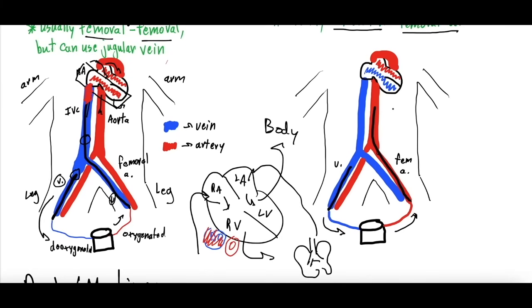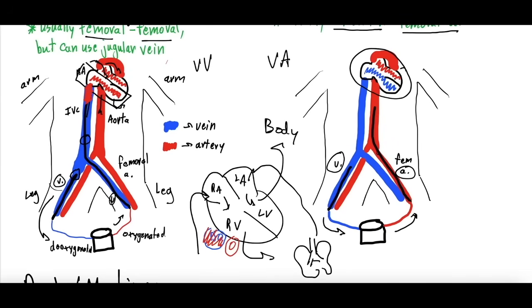But what you can see is that VA-ECMO is appropriately labeled because it goes from vein to artery, whereas VV-ECMO goes from vein to vein. And if you think about going from vein to artery, you're essentially bypassing the heart, because you're taking blood out of this vein, and then you're pumping that oxygenated blood into the aorta to then be distributed to the whole body.